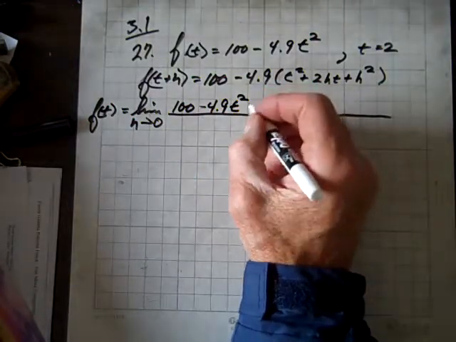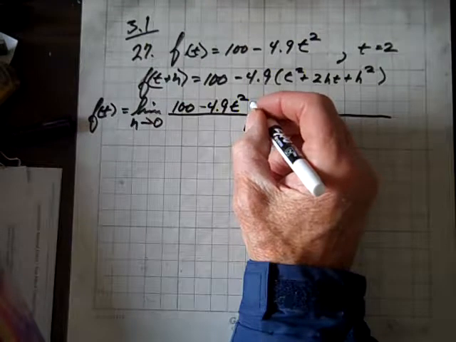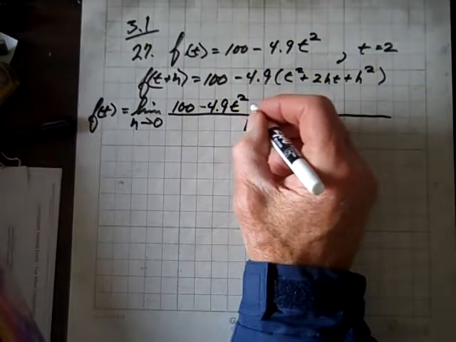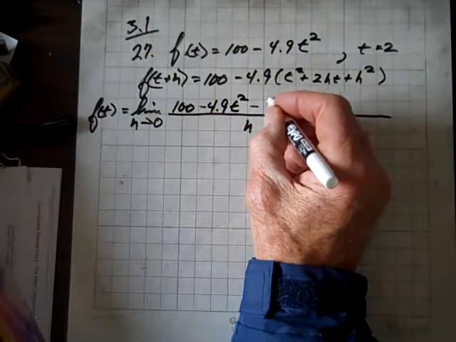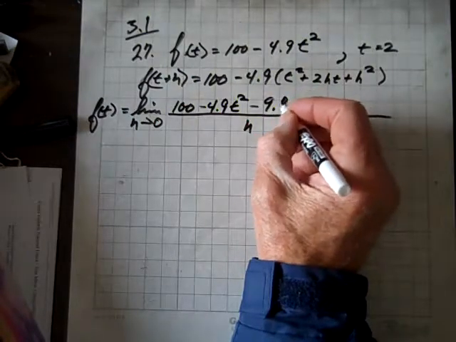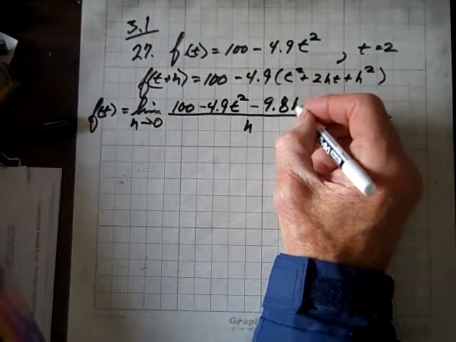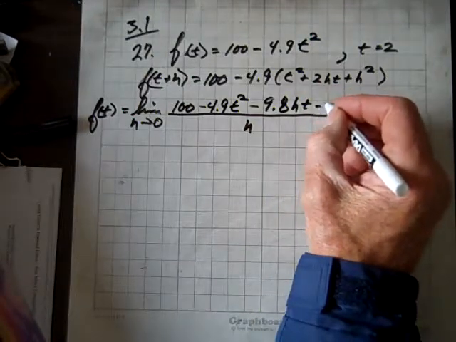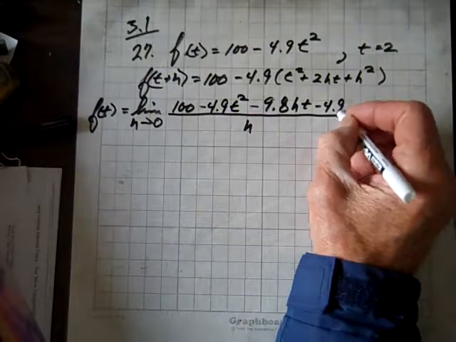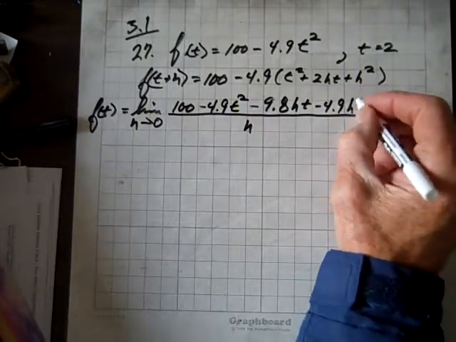Doubling negative 4.9, we get minus 9.8 ht minus 4.9 h squared.